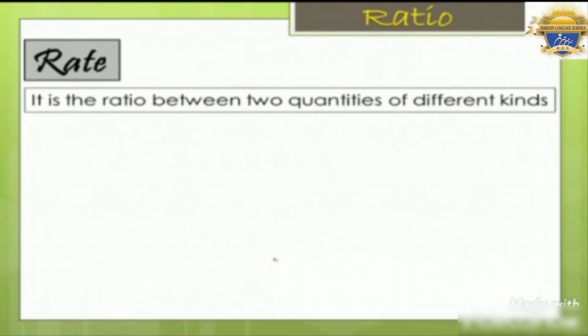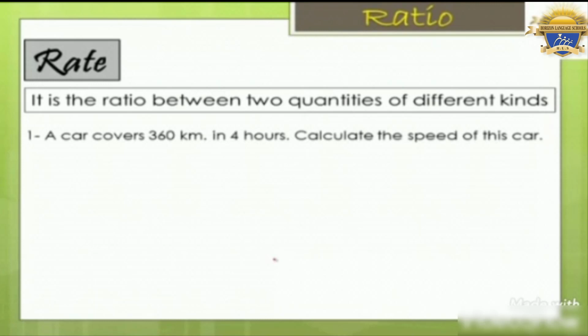Second, the meaning of rate. Rate is the ratio between two quantities, but of different kinds. For example, a car covers 360 kilometers in 4 hours. Calculate the speed of this car, or the rate.